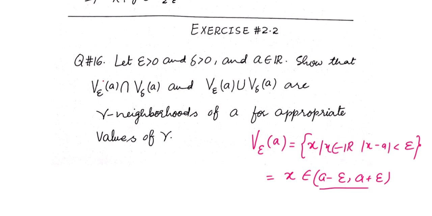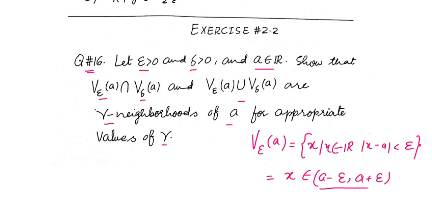So now we discuss question number 16. This question says, if epsilon and delta both are positive real numbers and a is any real number, show that the epsilon neighborhood of a and delta neighborhood of a, their intersection and their union, are gamma neighborhoods of a for appropriate value of gamma.